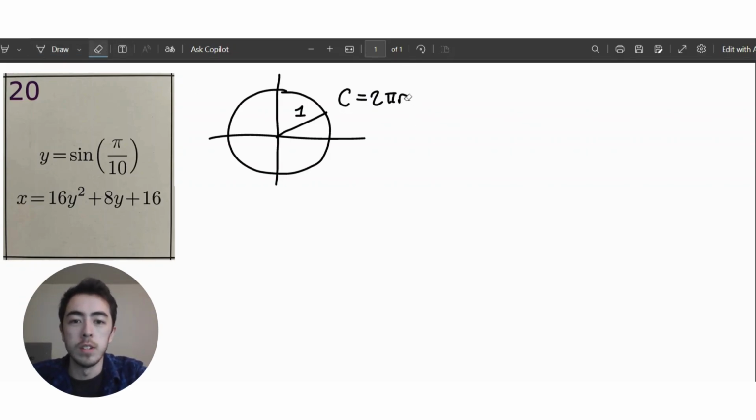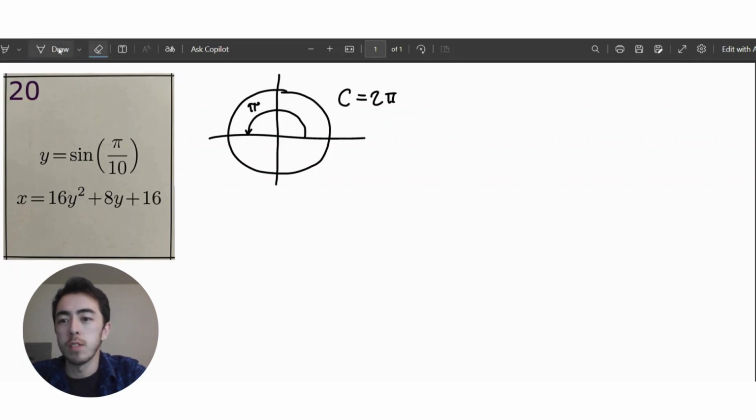Since the radius is 1, the circumference is 2 pi. And we can use radians as an angle measurement to kind of borrow the idea that 2 pi goes all the way around the circle. And now we can measure angles in terms of pi. So 2 pi is all the way around. That means half of that would just be 1 pi, and that would go right here.